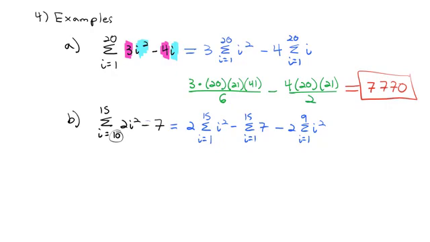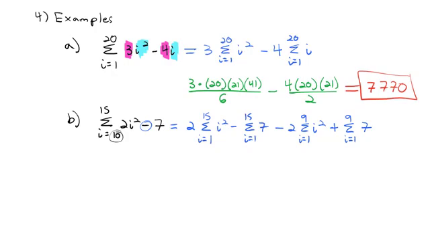For the next term, be careful. We're subtracting a negative, which means we're going to add the sum as i goes from 1 to 9 of the 7. So what we did is we went all the way to 15 and subtract off everything through 9. So the count actually starts with 10.